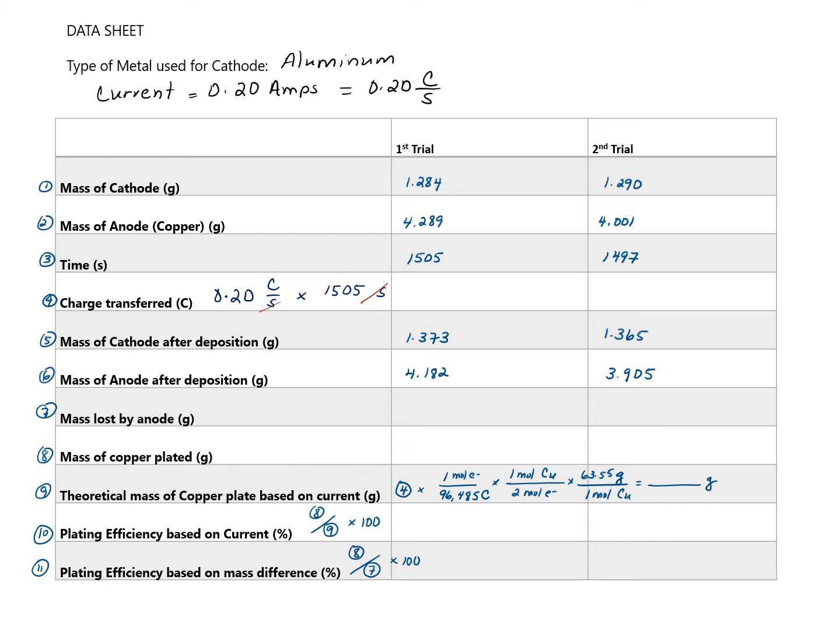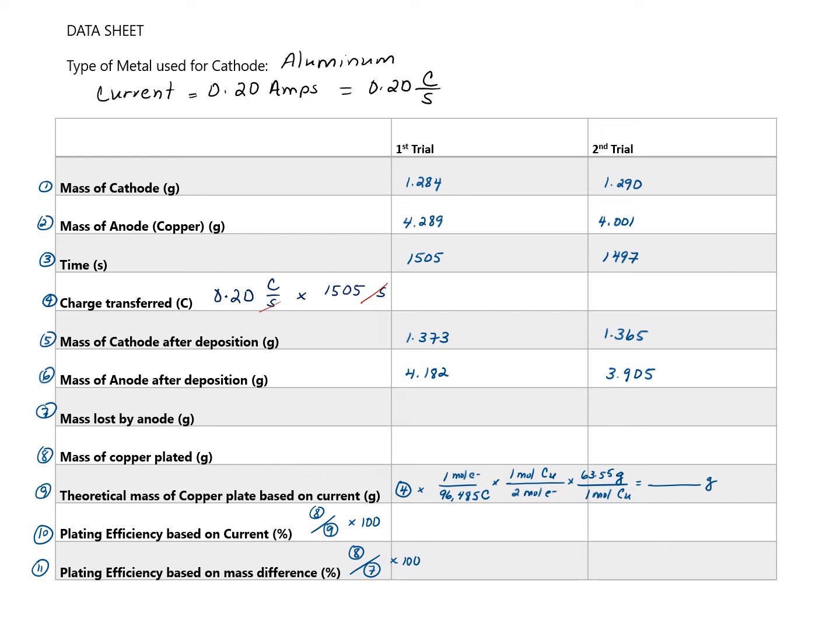Your copper as a solid is going into solution as copper ions, and the ions are being reduced to give you copper solid on top of the aluminum. That's why the mass of your copper is decreasing. The mass of the aluminum is increasing because it's being plated with a layer of copper.